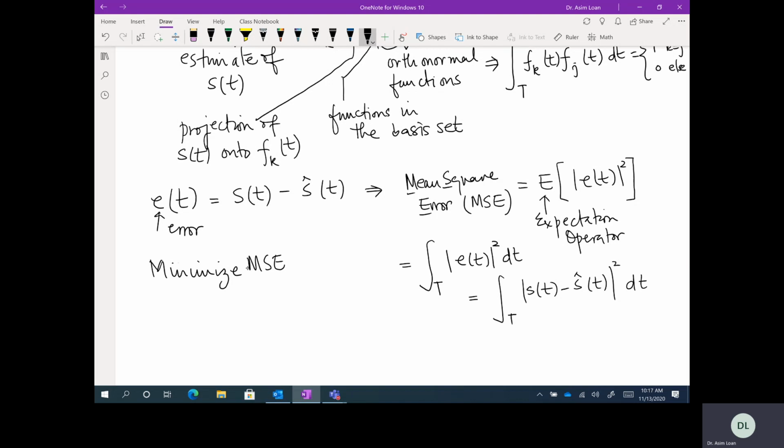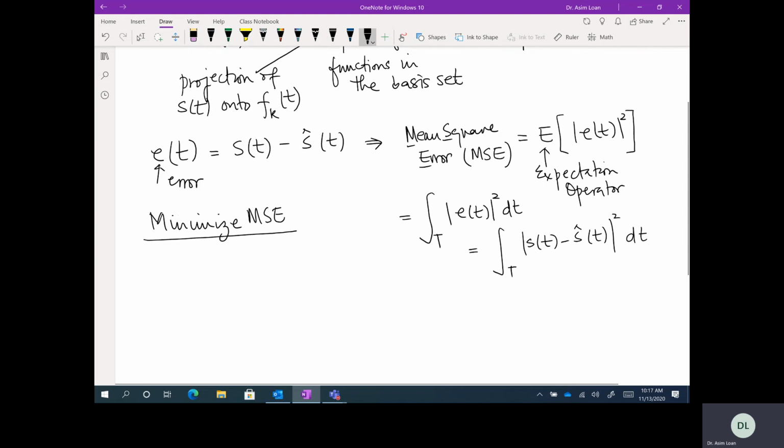We want to minimize the mean square error, which simply means we want to minimize this integral of S of t minus S hat of t squared dt.